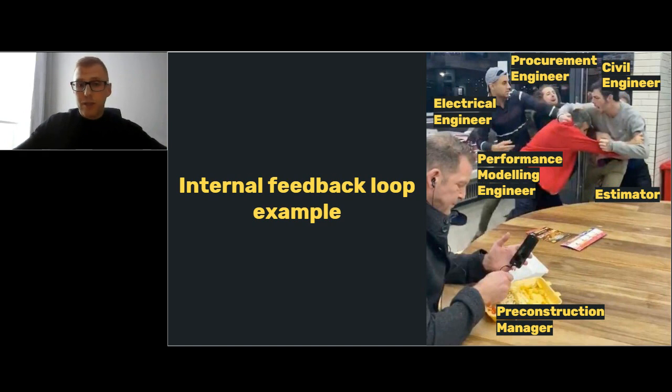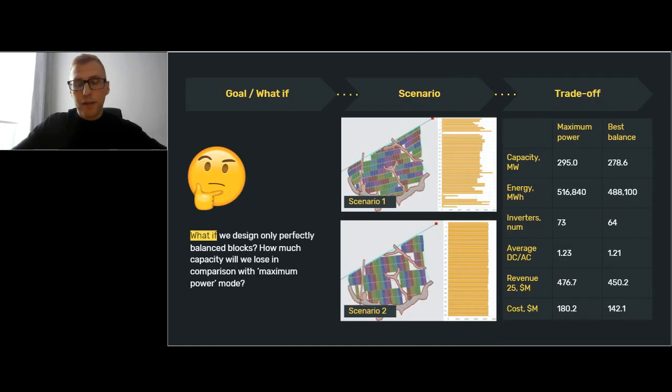So let's consider a couple of quite common cases of what kind of feedback loops there are internally inside EPC contractors. Again, this is something I mentioned before. Let's say, what if we design only perfectly balanced blocks? How much capacity will we lose in comparison with the maximum power mode?